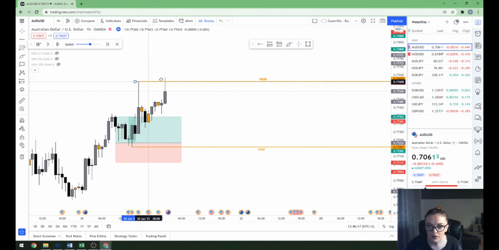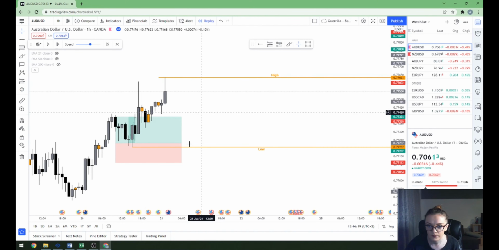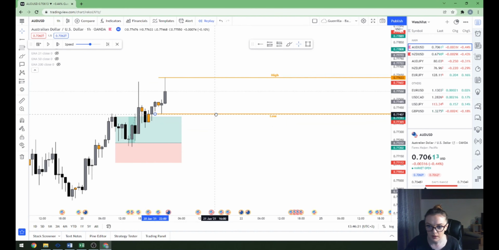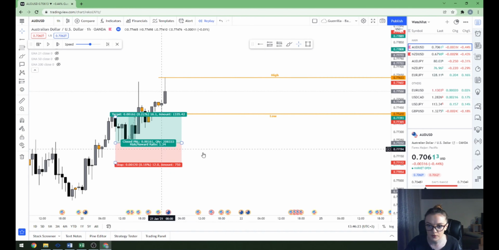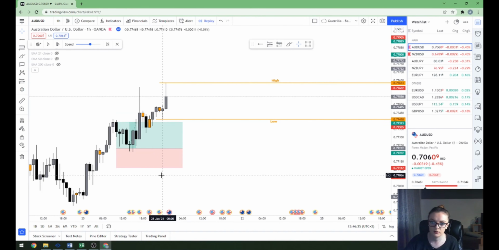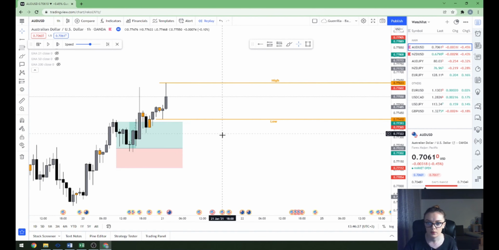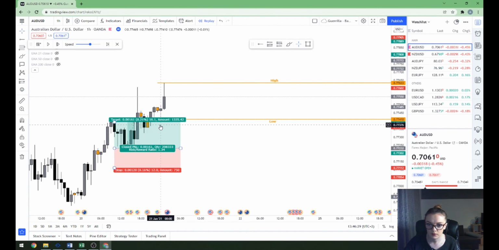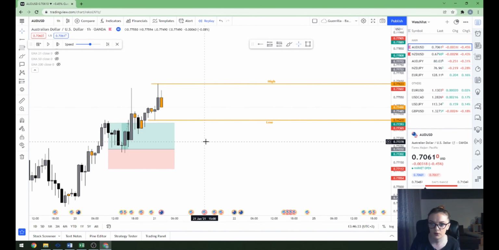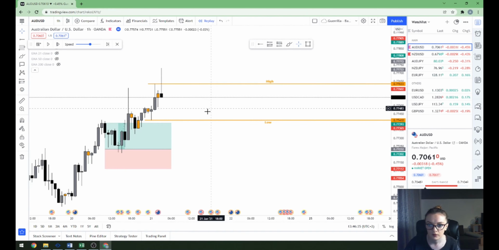Okay, now here we've got a new high. So we have here a new low, 20 points below this candle. We've got our stop loss. So no matter what, we win a minimum of 1.34% on this trade. But let's see what will happen next.